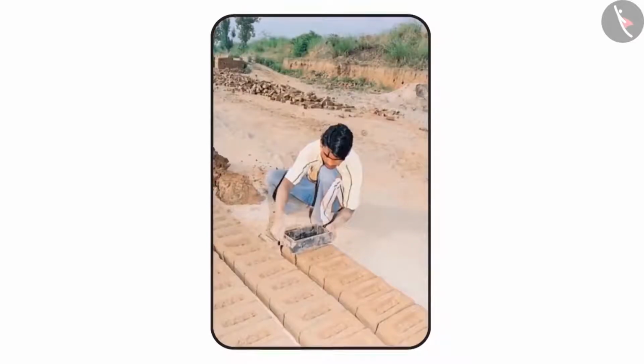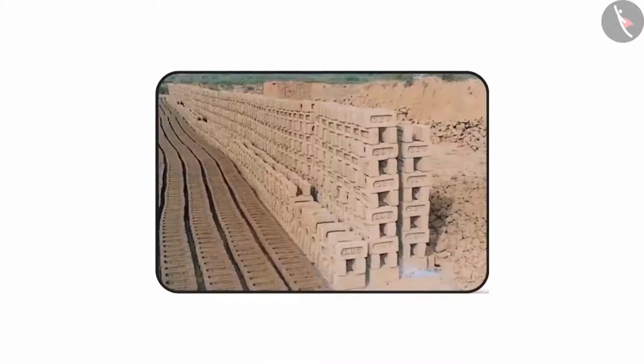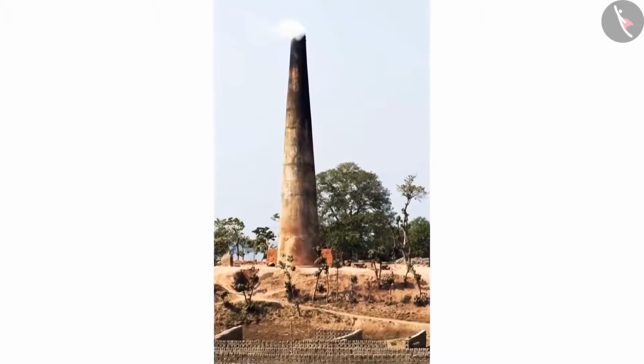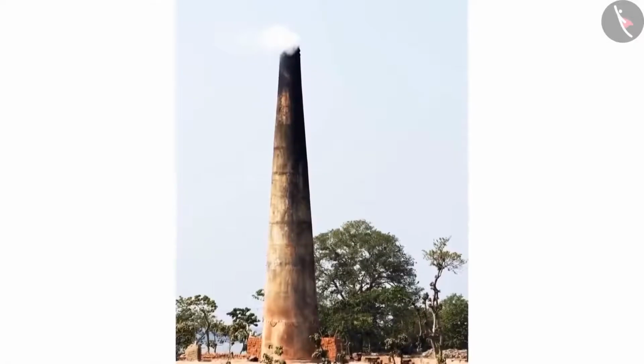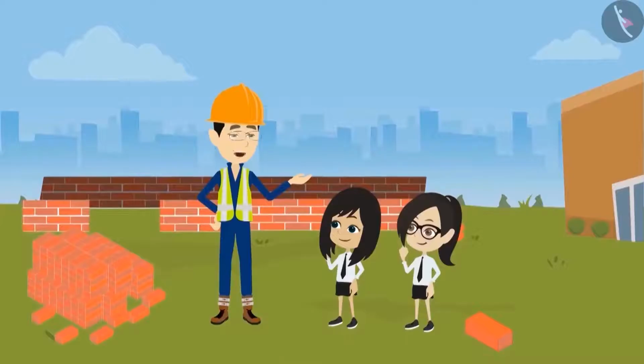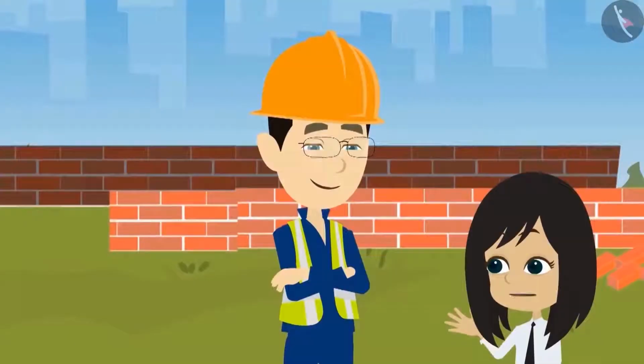Then it is put in a mold to give it the shape of a brick. The brick is then taken out of the mold and is baked in the furnace until it gets hard and strong. You must have seen the furnace at many places. This is how bricks are made. Have you understood? Now we have understood.